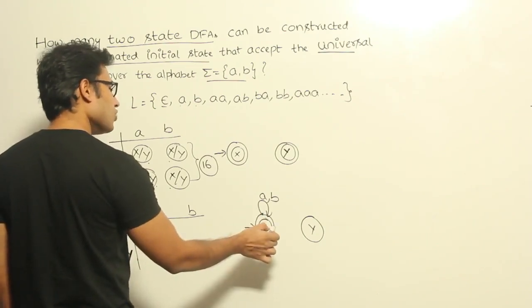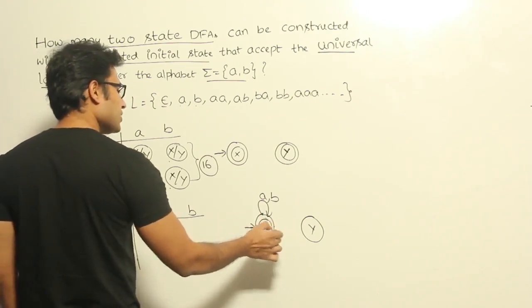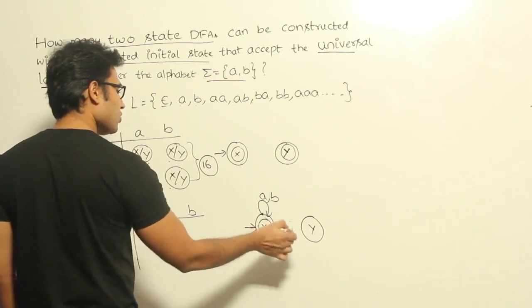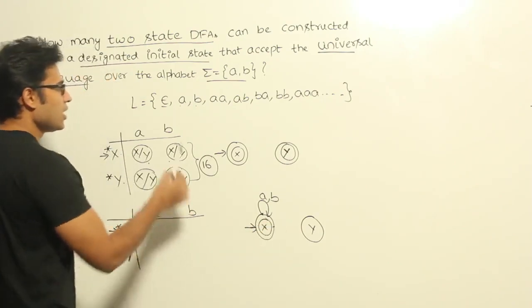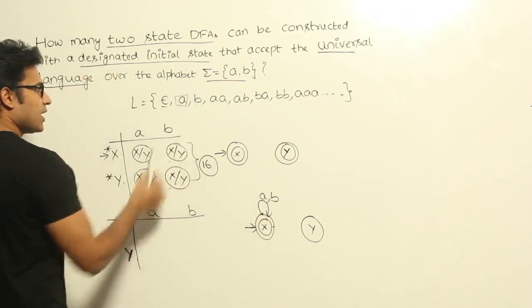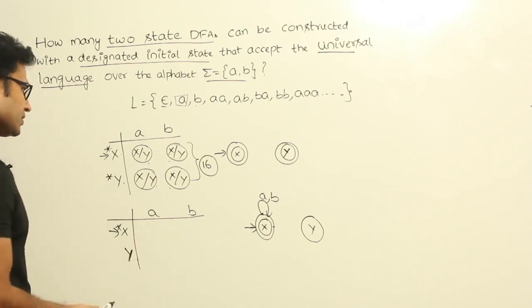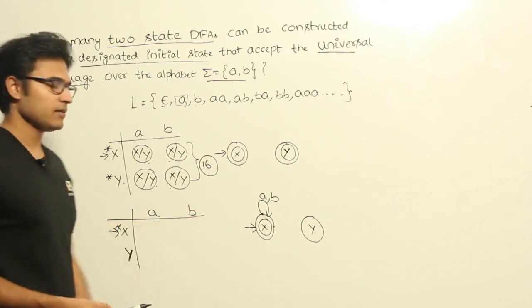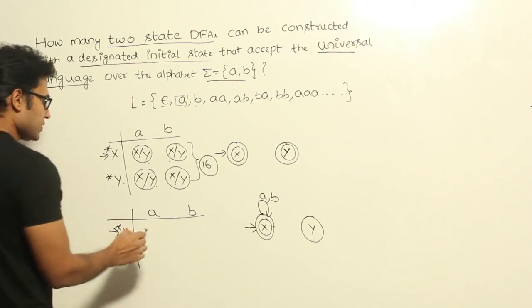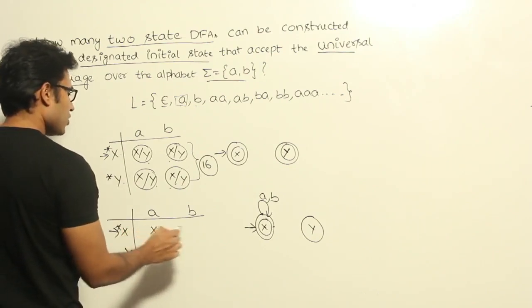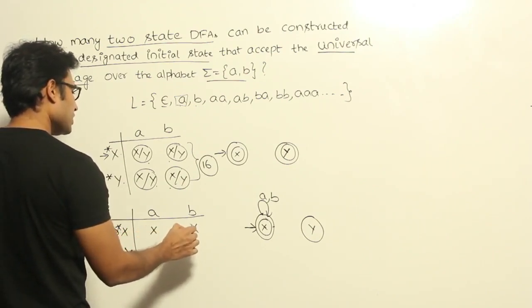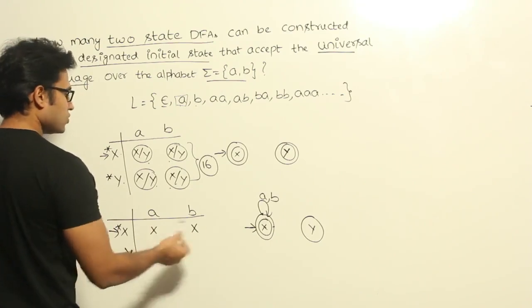I cannot move from x to y on seeing a, because then I would not be able to have this a in the language. Since it is a universal language, I cannot do that. Therefore on x, on both a and b, the transition has to stay in x itself. So I don't have any choice here.